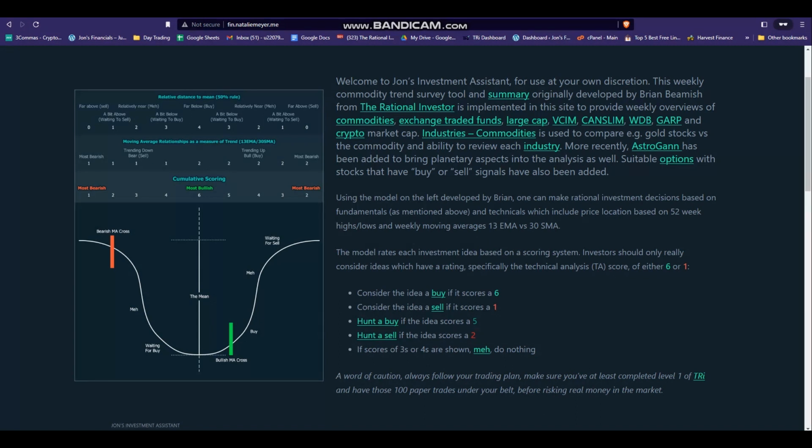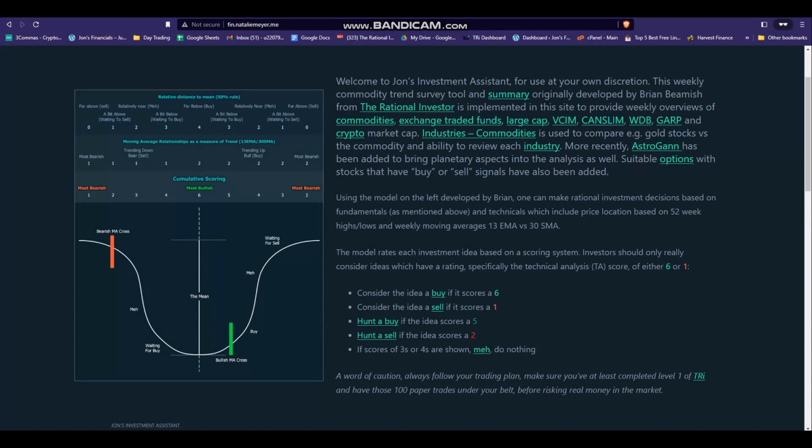The second metric used is the moving average relationship. In our level 2, we learn about moving averages, and Brian likes to use the 13 EMA and the 30 SMA. This compares the weekly 13 EMA versus the 30 SMA.